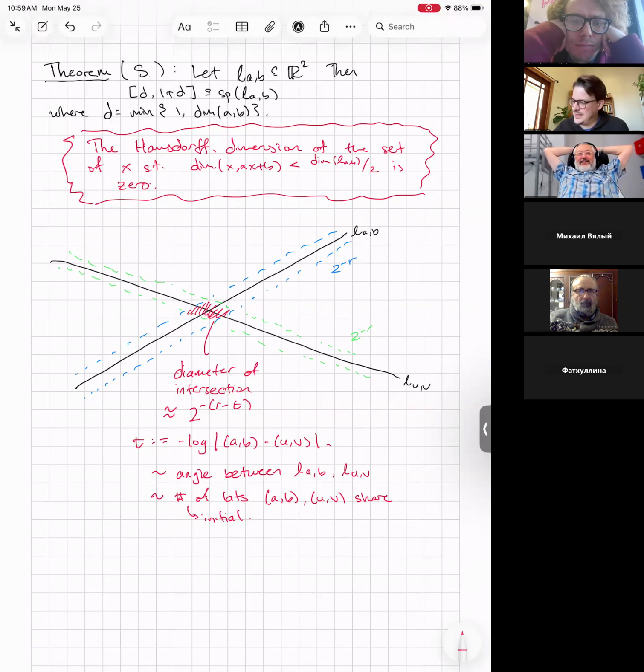Let's say we'll always deal with some region in Rn, since the approximations depend on where they're intersecting. We'll always assume that they're intersecting in some bounded region.